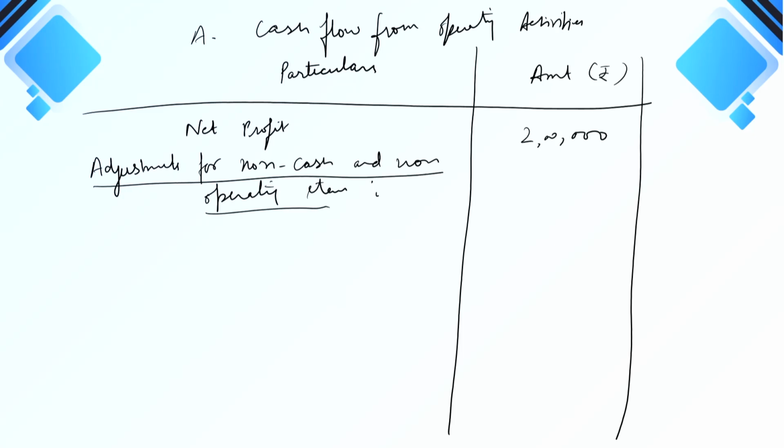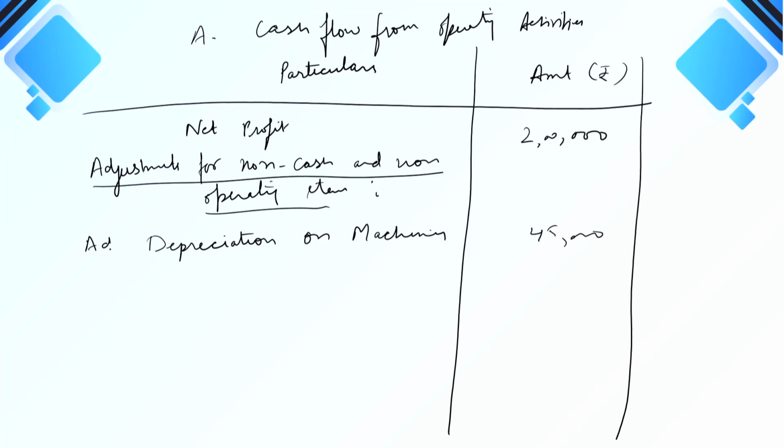As you can see in the question that we have been given depreciation, provision for taxes, goodwill written off, loss on sale of building, loss on sale of investment, and you are also given the depreciation. So we treat each and every item one by one. The first we go with the depreciation, which is given on machinery, 45,000.